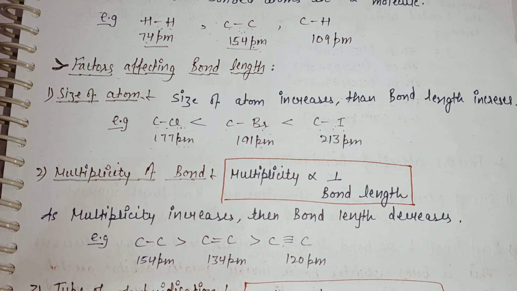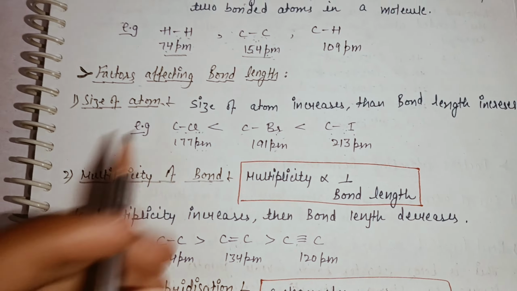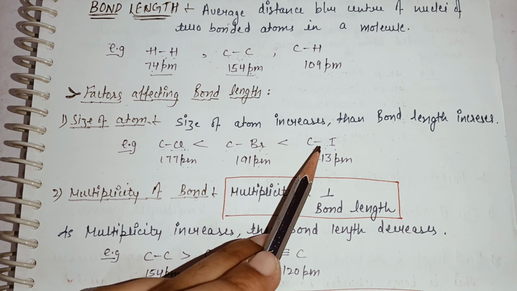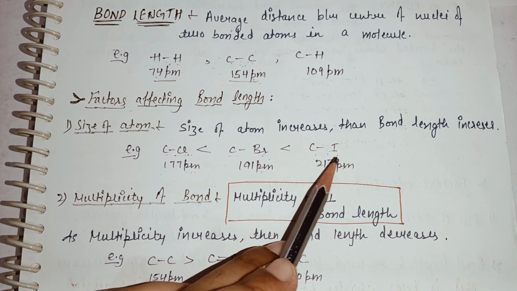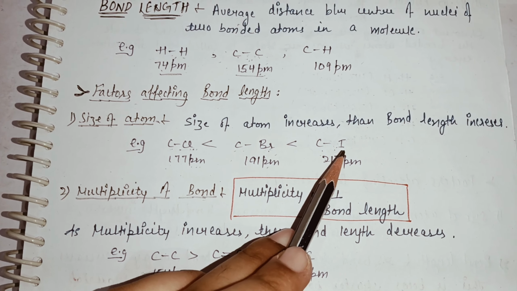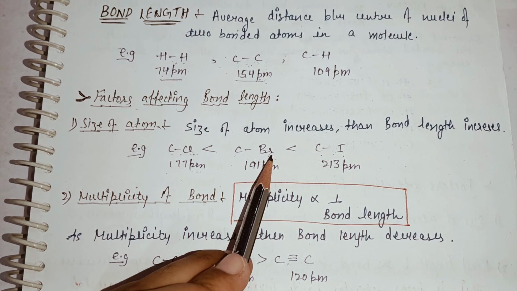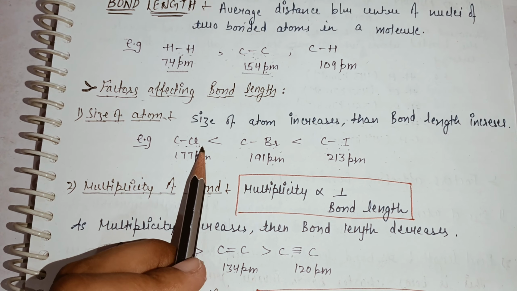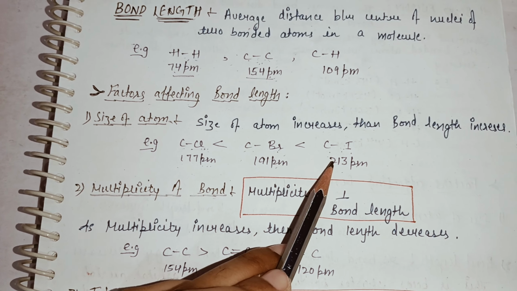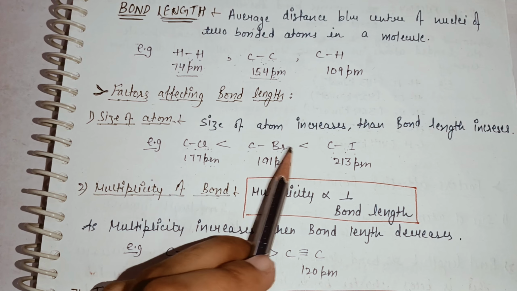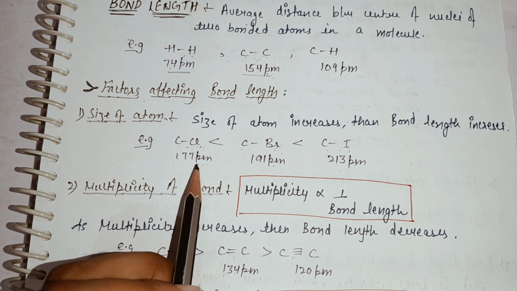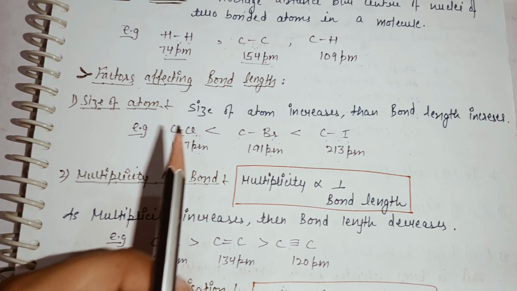Another example is carbon-chlorine, carbon-bromine and carbon-iodine. The bond length of carbon-iodine is larger than others because the iodine size is larger than bromine, which is in turn larger than chlorine. So carbon-iodine bond length is 213 picometer, carbon-bromine is 191 picometer, and carbon-chlorine is 177 picometer.